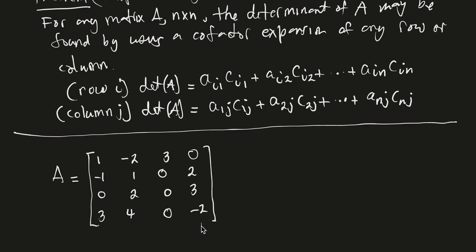So think about what we do when we do our cofactor expansion. We take the entries in a row, or any row or any column, multiply them by their corresponding cofactors, and add them together. But take a look here at column 3. Column 3 is almost filled with zeros.